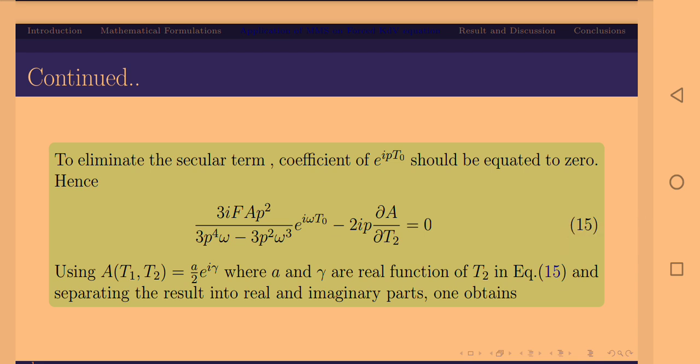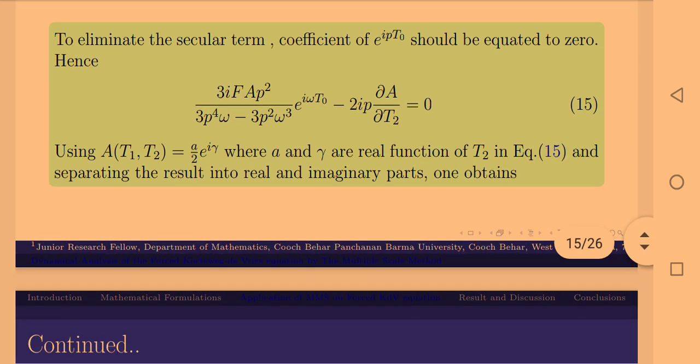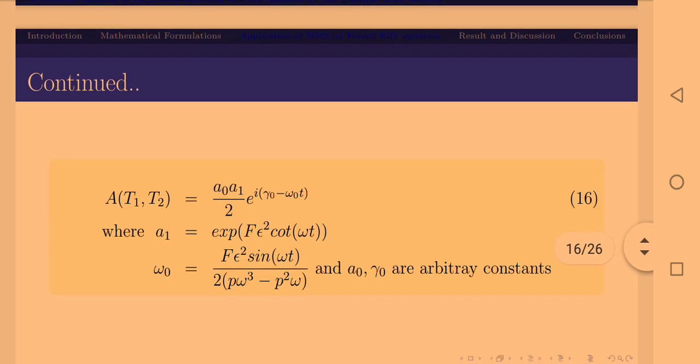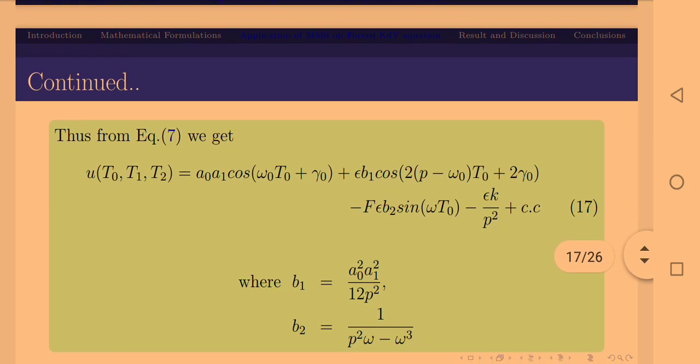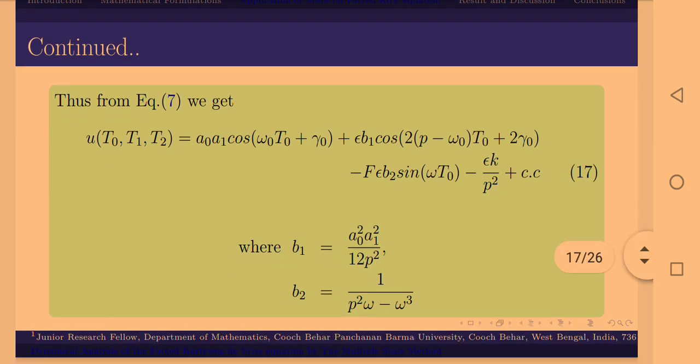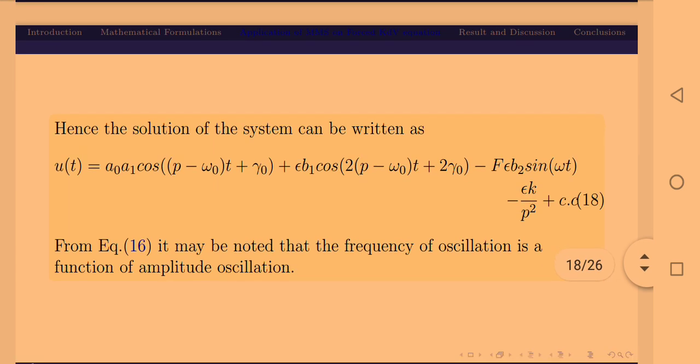Now, using a equal to a by 2 e to the power i gamma, where a and gamma are real functions of T2, and using this in equation 15 and separating the real part and imaginary part, one obtains the following. Therefore, we have the solution. Finally, we get the solution of the forced KdV equation.